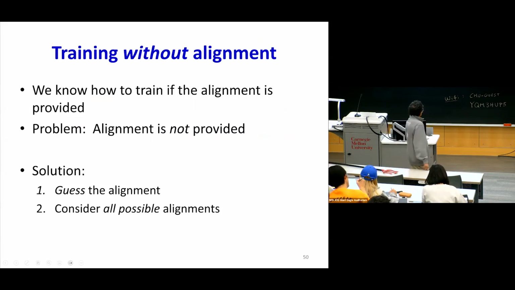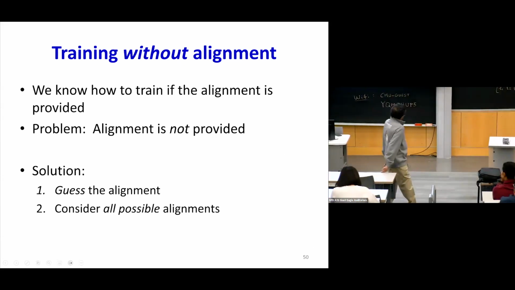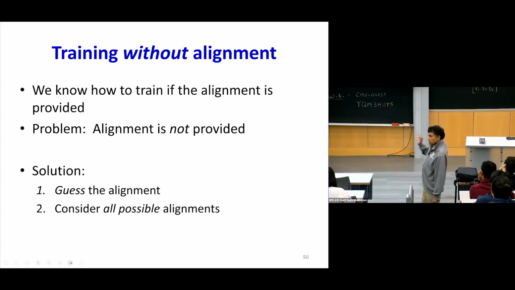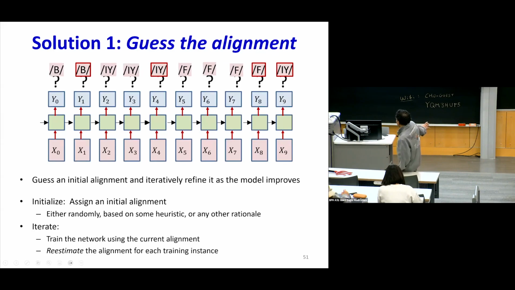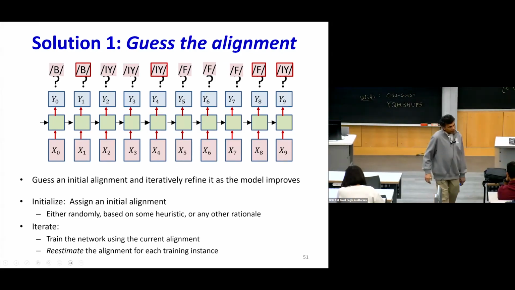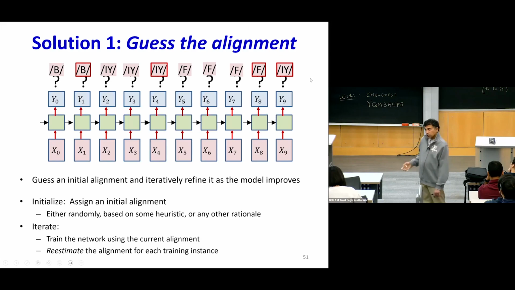So we know how to train if the alignment is provided, but the problem is that the alignment is not provided. So there are 2 possibilities. The first is you try to guess the alignment. And the second is what Lawrence mentioned, consider every possible alignment, right? So guessing the alignment is something like so. You would assume initially that here's where I think B ended, here's where I think E ended, here's where I think T ended, right? And then based on this, you could train your model.